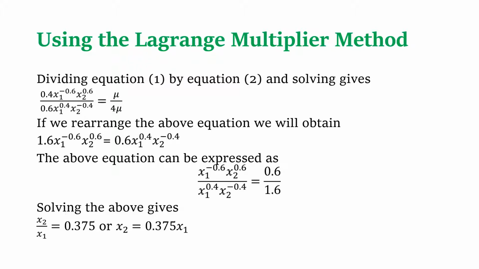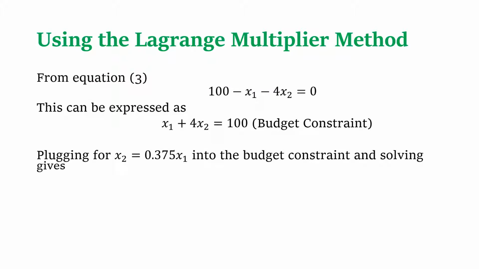Now, let's move on. From equation 3, we have 100 minus x1 minus 4x2 equals 0, which implies x1 plus 4x2 equals 100. Now, what do we do with this? All we need to do is plug in for x2, which is 0.375 x1.